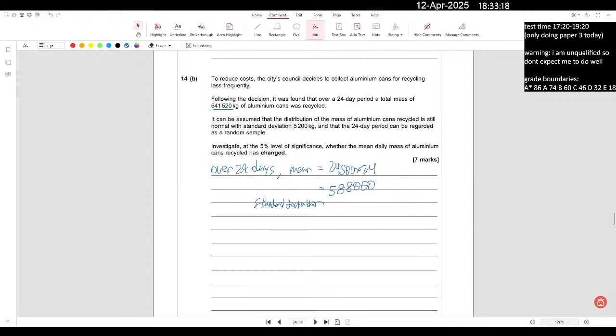Sampling distributions. I don't know how to get a new standard deviation. That's the thing.